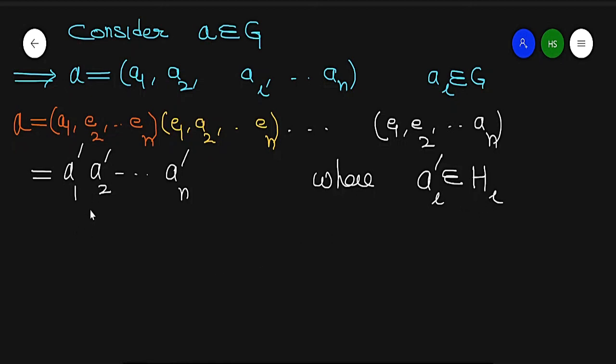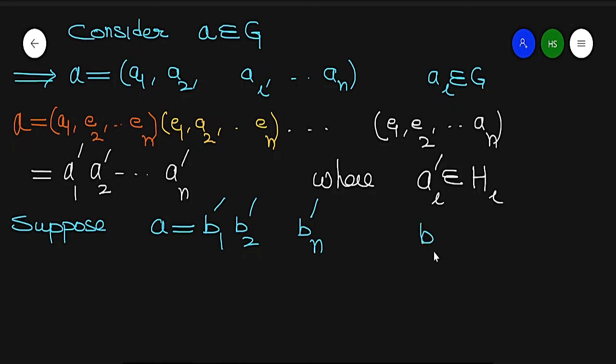Now next, this expression is unique. To prove it is unique, we take another expression, suppose I take the second expression, which is (B1 dash, B2 dash, ..., Bn dash), where Bi dash belongs to Hi.